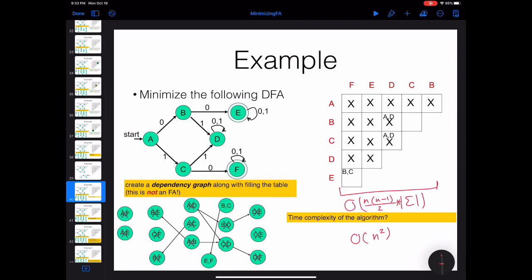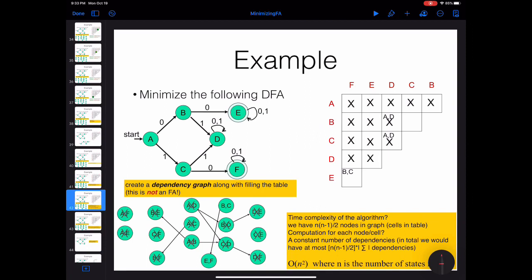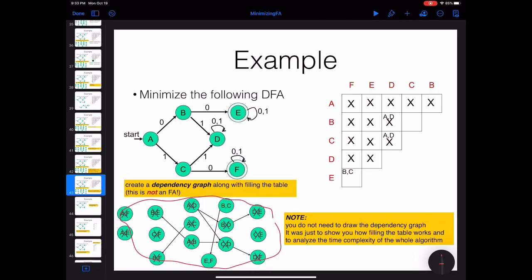So in total, the time complexity of the algorithm is still n square. I've written all of this for you in the slides. Just one more note: the dependency graph that I showed here, you don't really need to draw it. I just drew it to make it easier to understand what would happen.